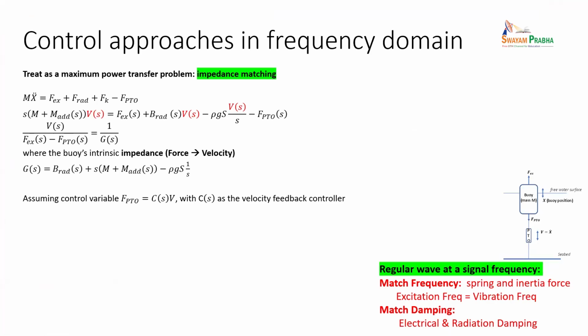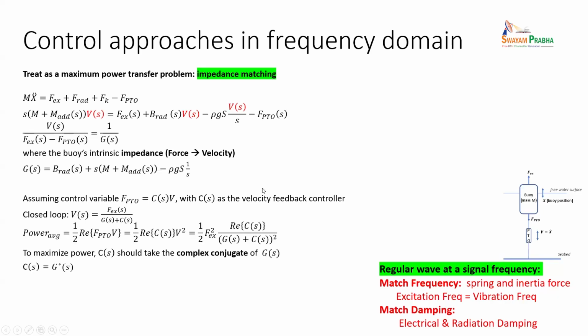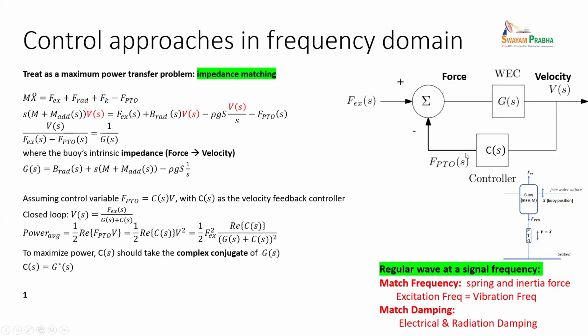Okay, now if you want to do the control, you can measure the velocity. You want to control the PTO force. So basically, this is your measured velocity, and this is the controller you need to develop. Now this is the wave energy converter, G(s), force and velocity.